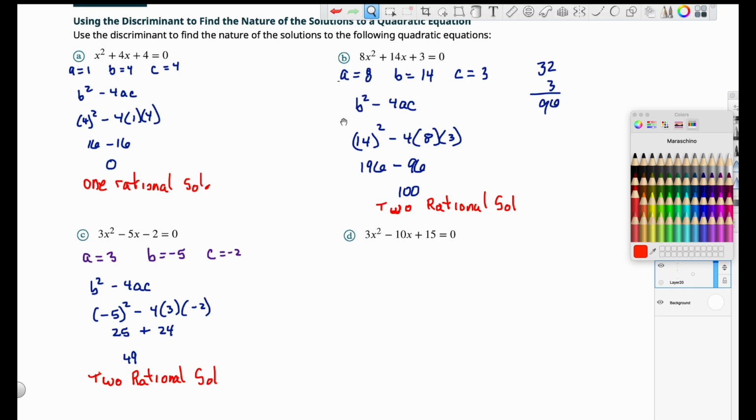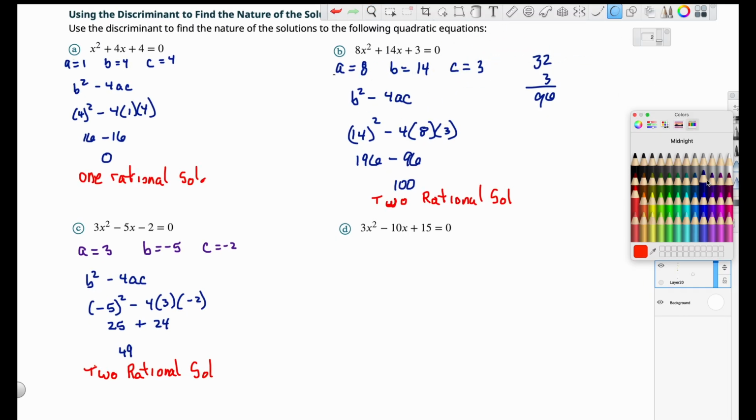So D, I wonder if we're going to get a complex here. Usually the textbook is going to give us a couple of different examples. Let's see what happens here. Do we get a negative for our discriminant? Negative 10 squared minus 4, where A is 3 and C is 15.